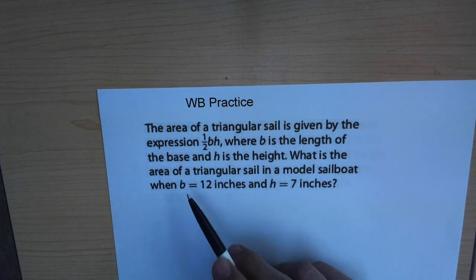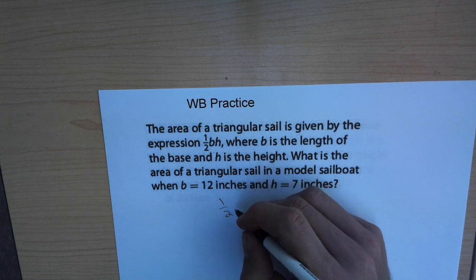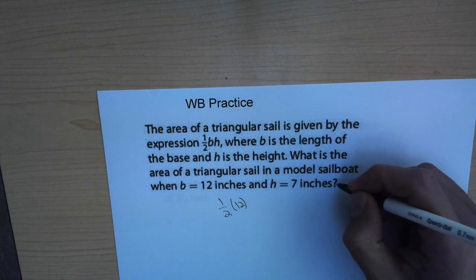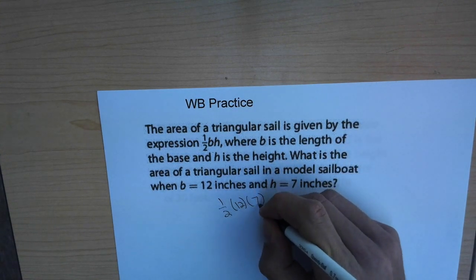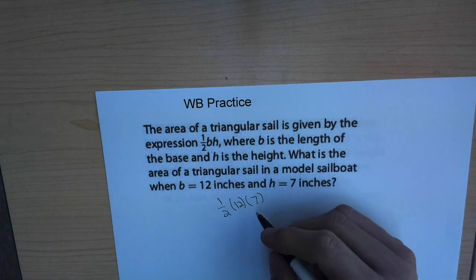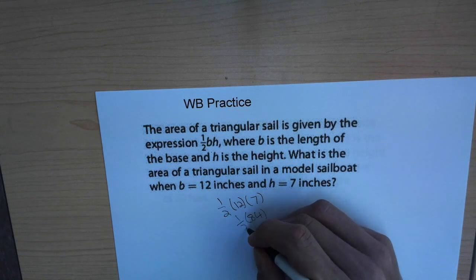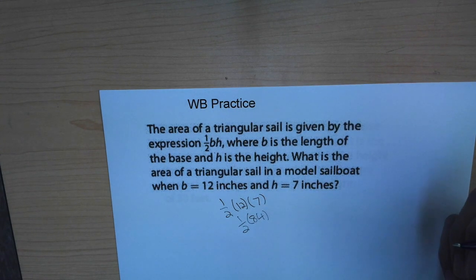So I know that I have a half. b stands for 12, and h stands for 7. I'll start off by multiplying 12 times 7 to get 84. Now I have a half times 84.